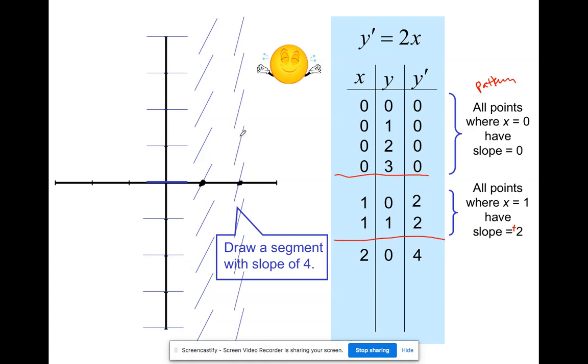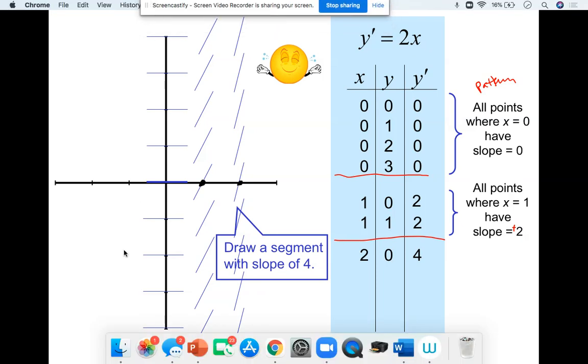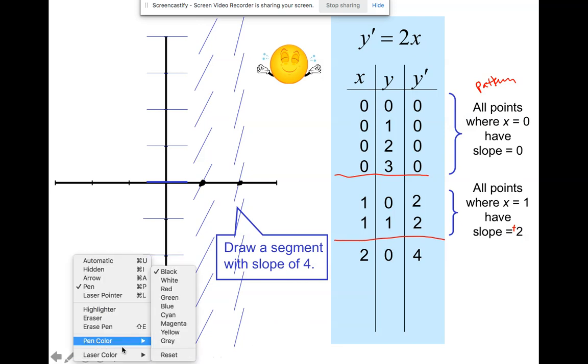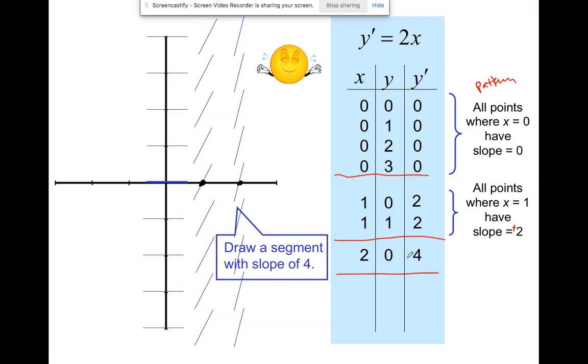And I'm pretty sure vertically, because my derivative only depends upon X, the slopes are going to be the same everywhere X is the same. That's my pattern. That time I only needed 1 point, right? I kind of got the pattern and I can talk about the pattern.